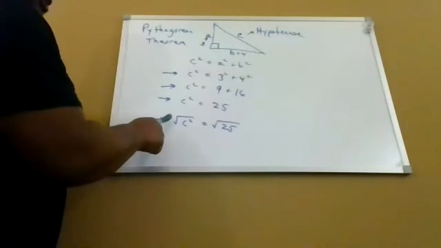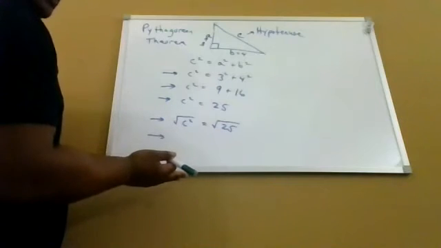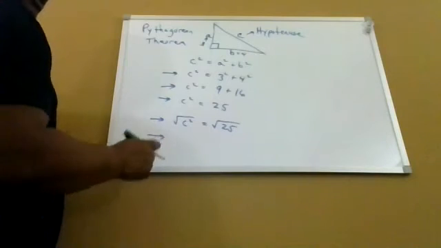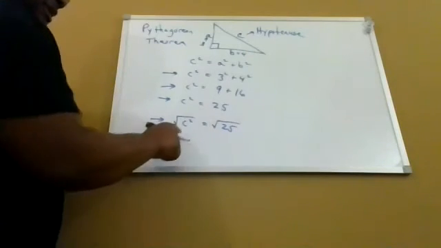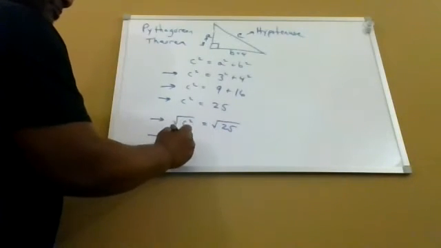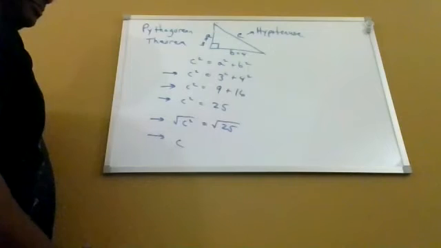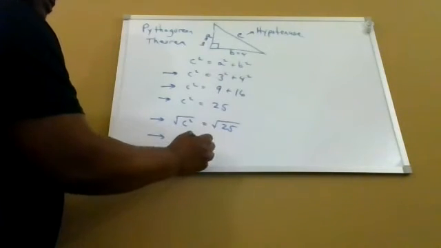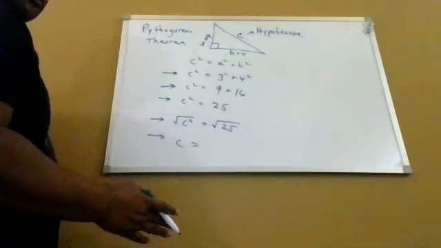And now for lack of a better term, the square root sign and the square cancel each other out, leaving us just C. And now that equals, well, square root of 25.